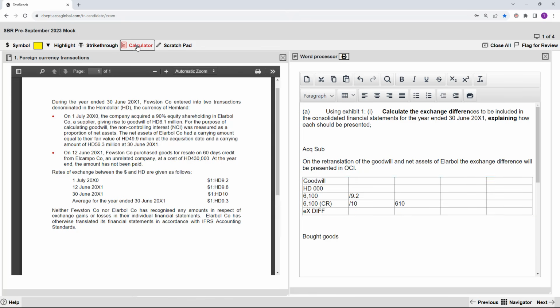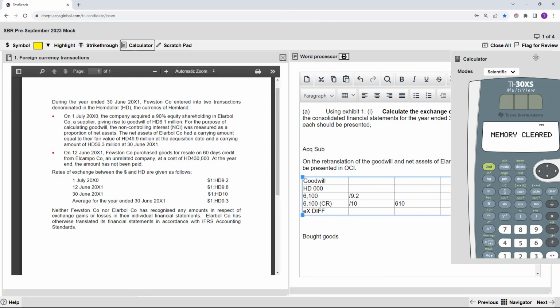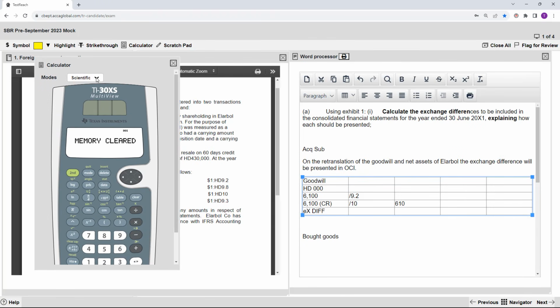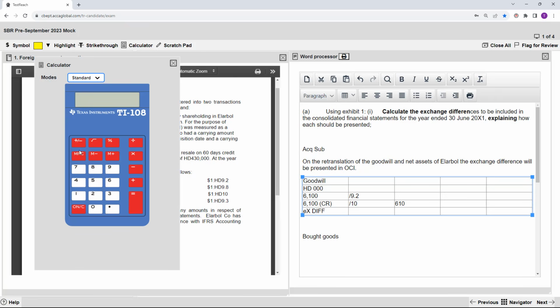What I'd now like to do is get out my calculator. I don't really like scientific calculators, so let's have it as a standard calculator. We're taking here 6,100, and we are dividing that by 9.2, and the figure we are getting there is 663.